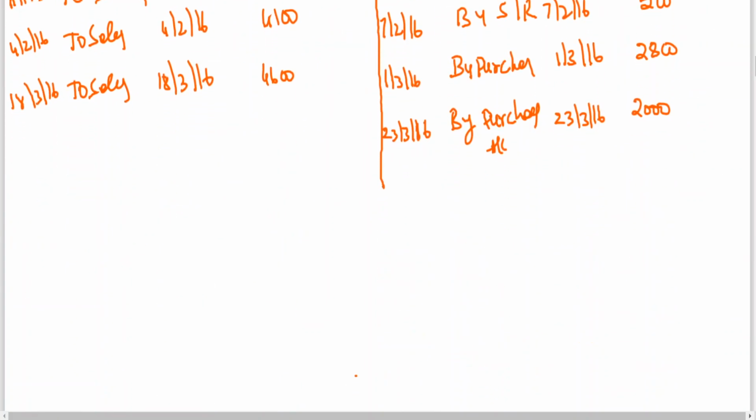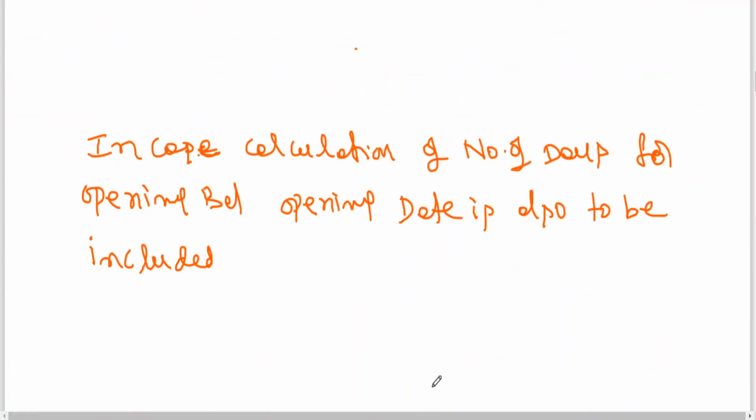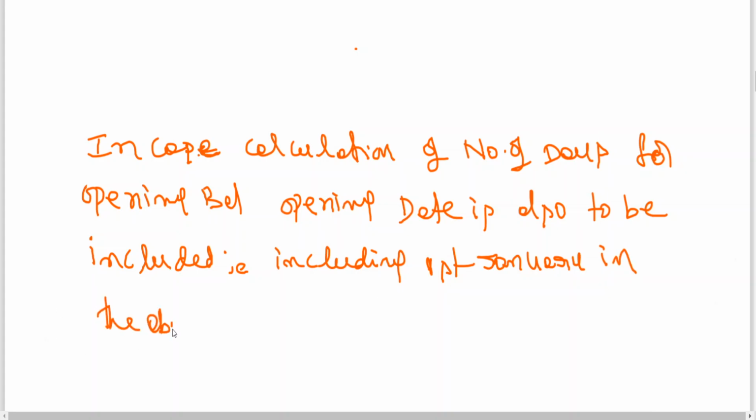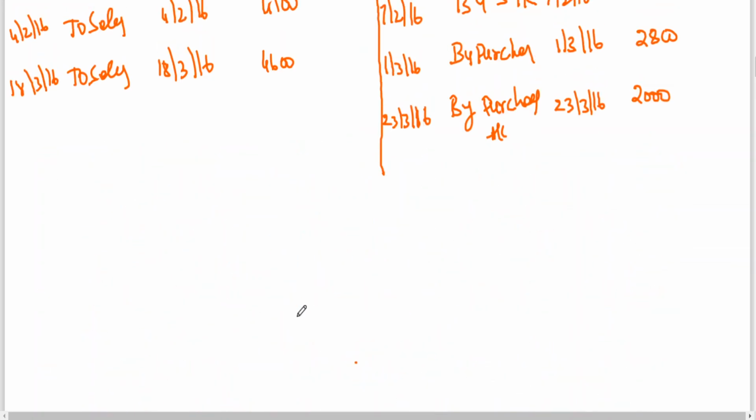Okay, so that is what. The above problem: in case of calculation of number of days for opening balance, opening date is also to be included, that is including 1st January in the above problem. Okay, come back to this.